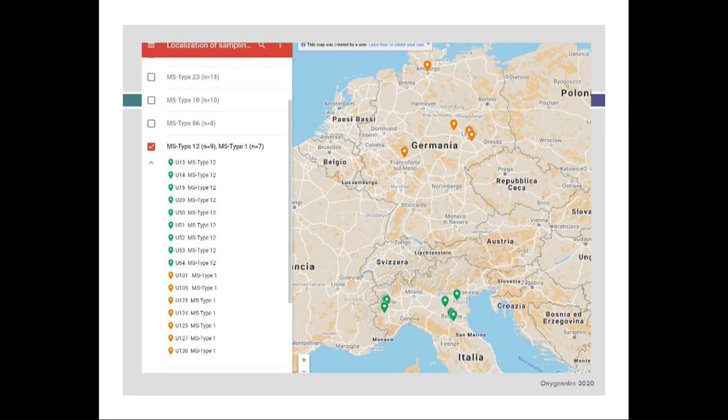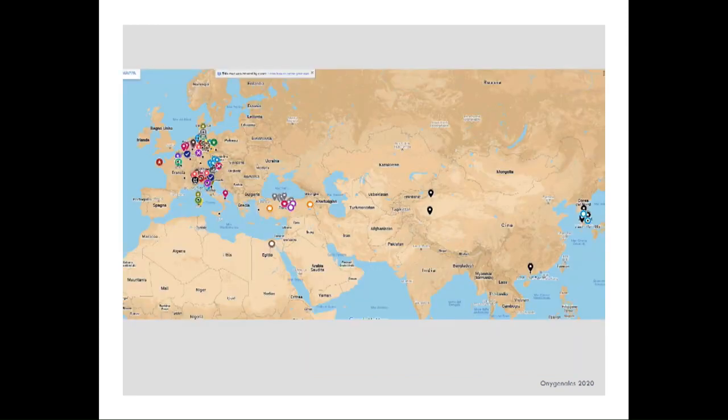Just another example. I don't have time, of course, to show all the genotypes, but we can see interesting examples regarding the orange, the two genotypes. I don't see the numbers very well here, sorry, the picture is very slow. Anyway, these two genotypes are distributed, you see, mainly one in northern Germany and the other one in northern Italy. Next, please.